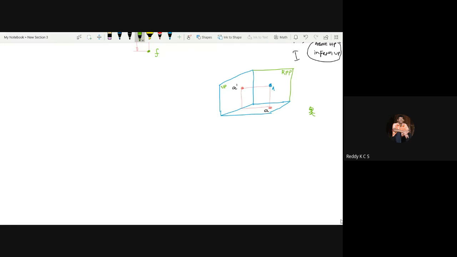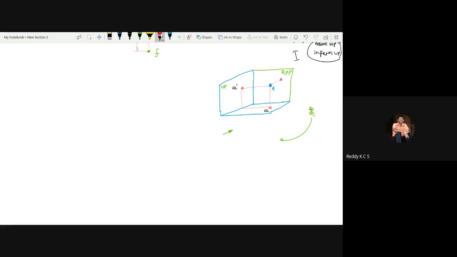Now I'm moving to the left side of the observer, so my viewing of this object is in this direction. What will happen? The projection of this point will fall on this right profile plane.